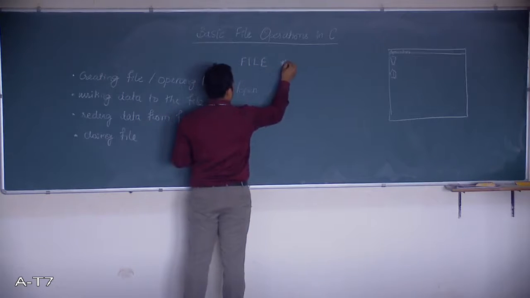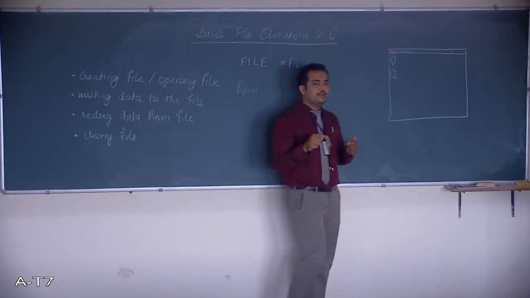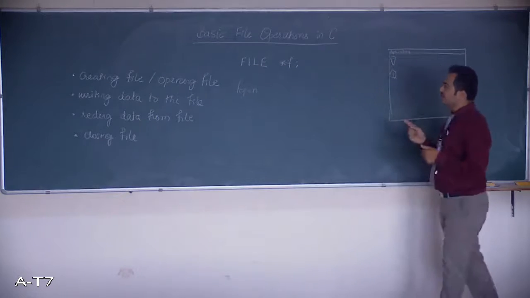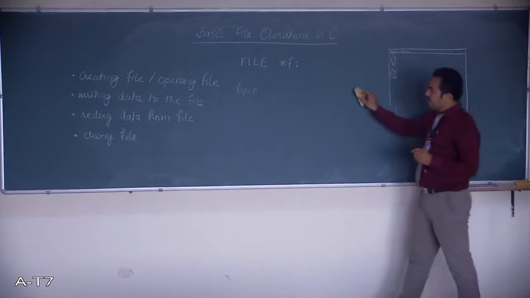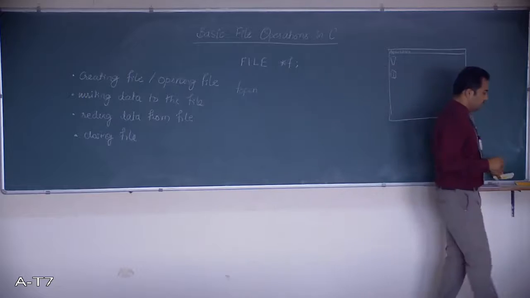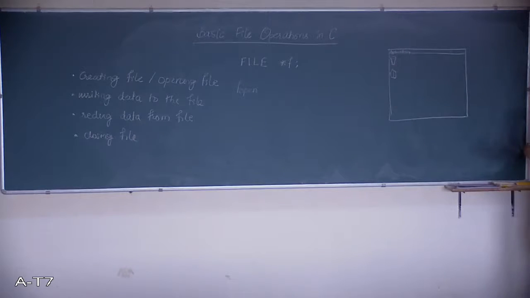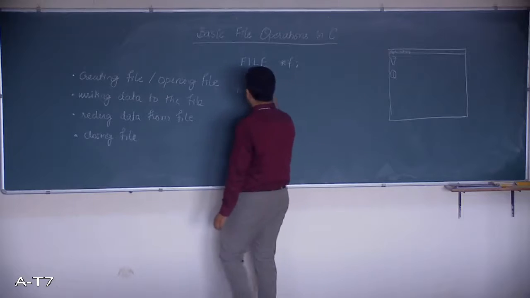And pointer declaration, as we know, is with a star and then f. This way we declare the file pointer. Then using this file pointer, we can use the fopen function. The syntax of fopen is like this.